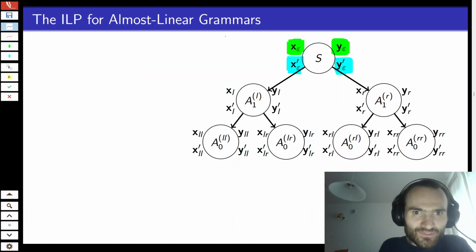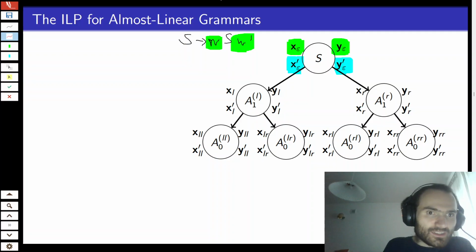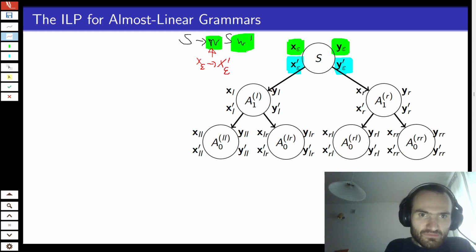Because what you're trying to do is say, okay, I want the cycle S goes to W S W', and I want to describe what these words here are doing. So these words here, in VASS terms, are supposed to move you from the left one from x_epsilon to x_epsilon', and the right one is supposed to move you from y_epsilon' to y_epsilon.